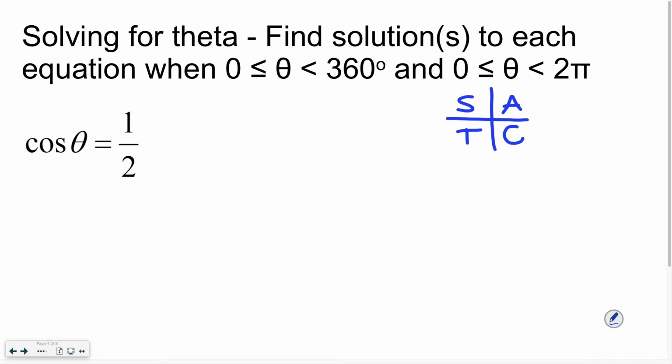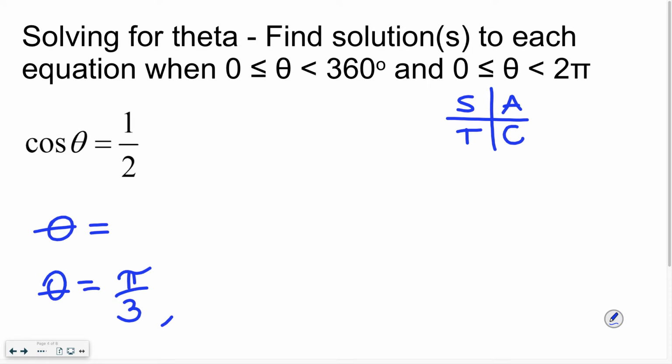Okay? So let's talk about degrees first. The cosine is positive in the first quadrant. Which angle in the first quadrant is the cosine ratio 1/2? Okay. Then we have a positive cosine ratio in the fourth quadrant as well.